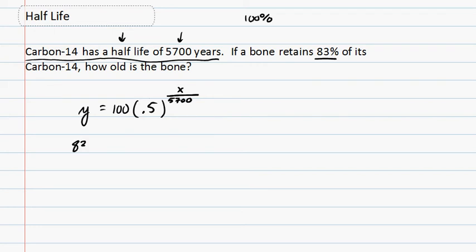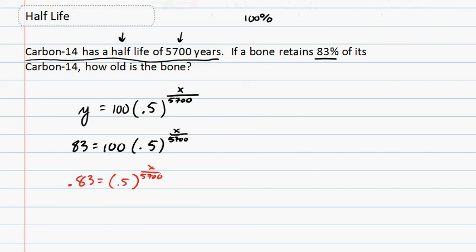And we want to know when that would equal 83. So there's the setup. I'm going to divide by 100 on both sides, and we will get 0.83 equals 0.5 to the x over 5,700.